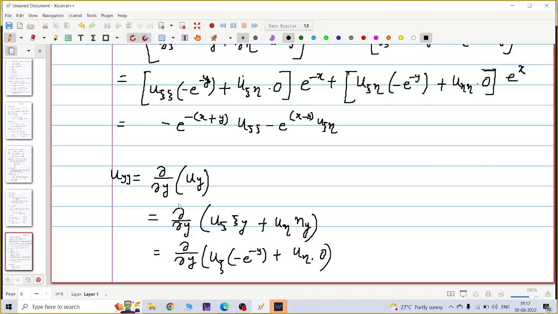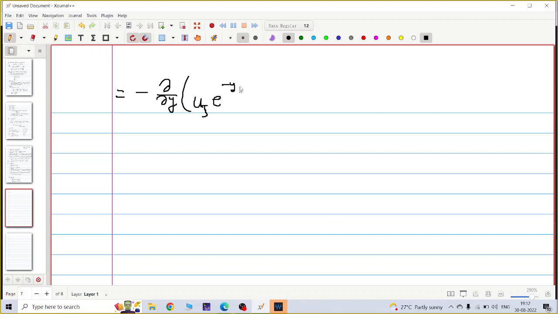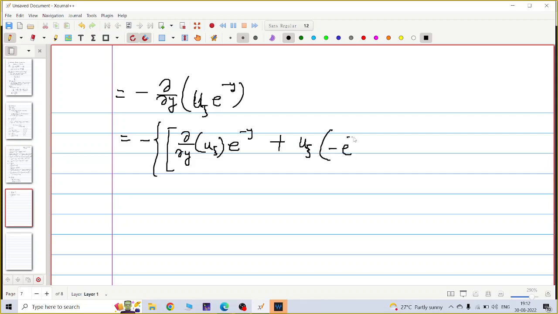Let me write it here. So I have to calculate del y of u xi into e power minus y. So this is minus del y of u xi e power minus y. So this is equal to minus del y, which means again using the uv formula: u xi into e power minus y plus u xi into the derivative of e power minus y.